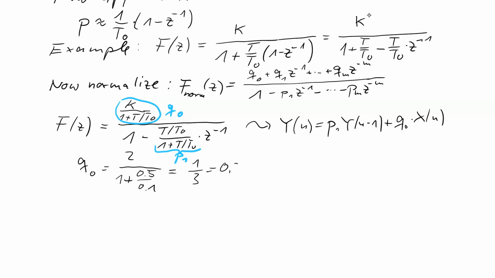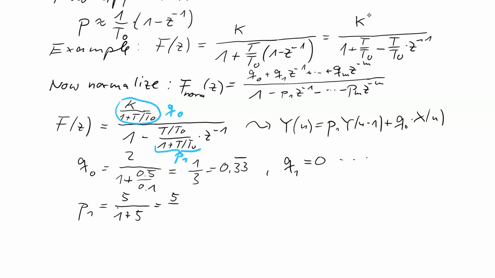This is 0.33 repeated. And q1 is 0, and p1 is positive. T divided by the sampling time is 5, divided by 1 plus 5.